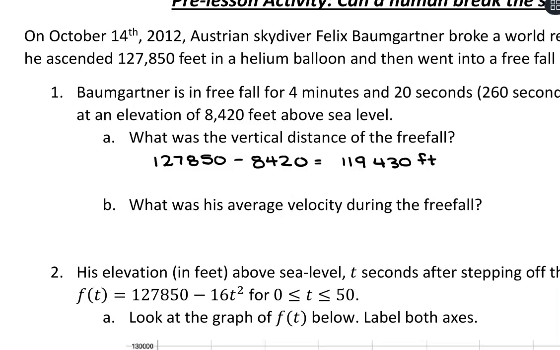So average velocity, we have that distance covered over a period of 260 seconds. And then I'm actually going to call that distance negative there, because this would be a negative velocity, which would be a negative 459.35 feet per second. So that's the average velocity over the entire 260 seconds.